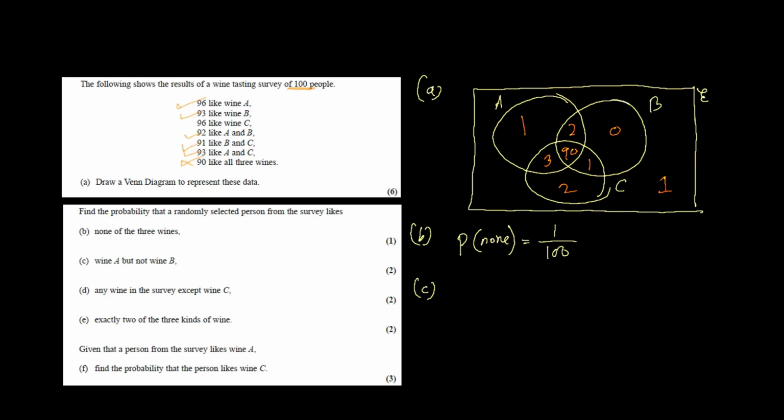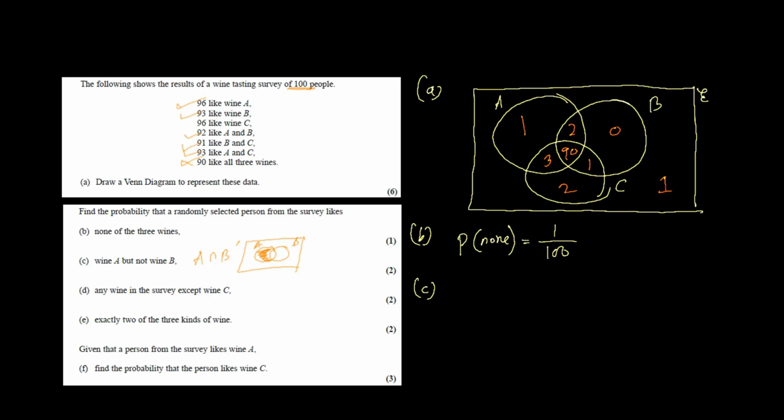In question number 3, we have to like wine A but not wine B. Whenever you have something like this, this refers to, in set notation, intersection prime. When you have an intersection prime, you know what that looks like in the Venn diagram. If this is A and this is B, A intersection B prime means this region only. So wine A but not wine B means A intersection B prime, that means this region here.